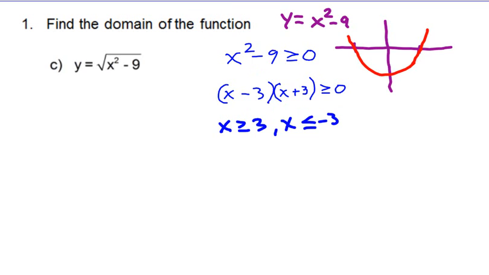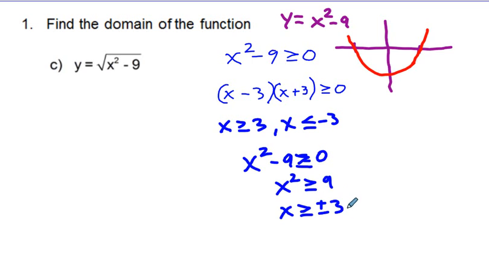Another way we could do this problem is algebraically, considering x squared minus 9 greater than or equal to 0. If we add 9 to both sides, we have x squared is greater than or equal to 9, and taking the square root of both sides, we have x is greater than or equal to plus or minus 3.